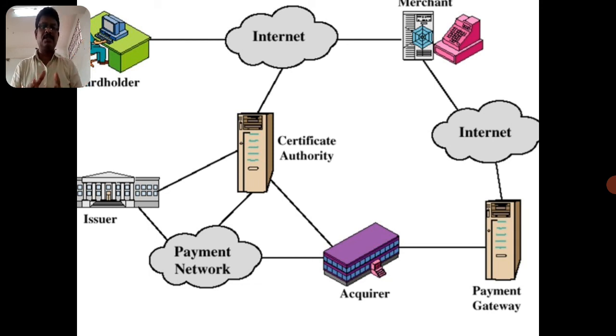Here you can observe issuer is one bank which provides the services to the card holder. But the merchant may not be communicated to the issuer. Merchant may be communicated to the payment gateway. Even the payment gateway is communicated to the acquirer, which takes the amount and transmits that amount through the payment gateway to the merchant.